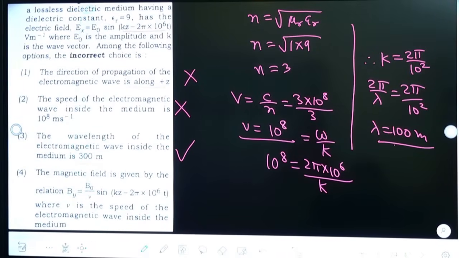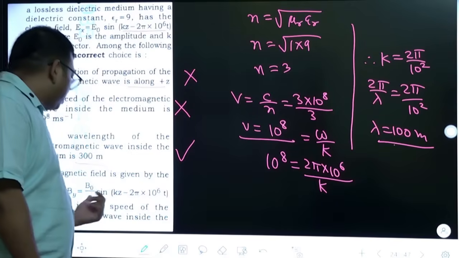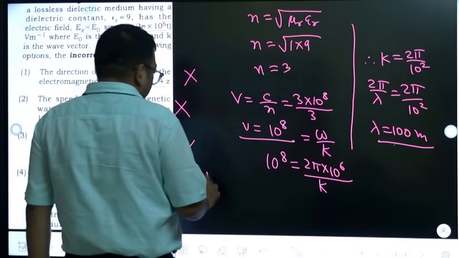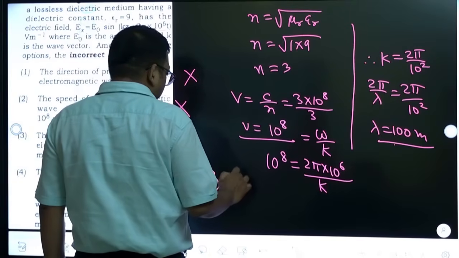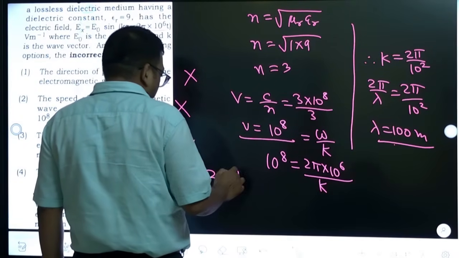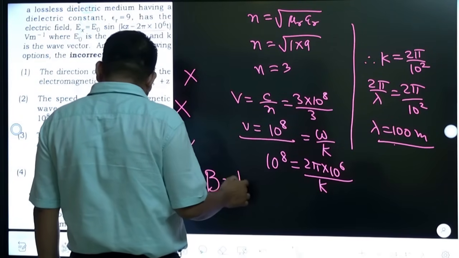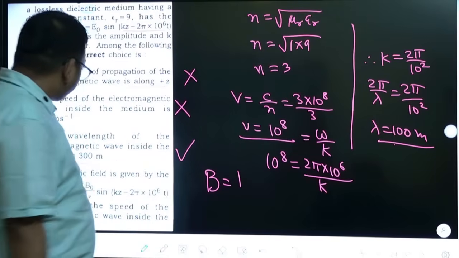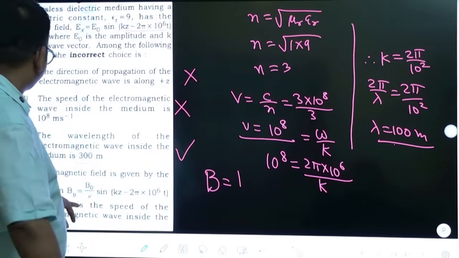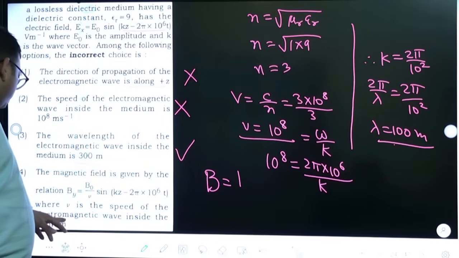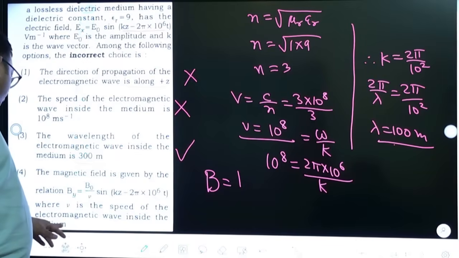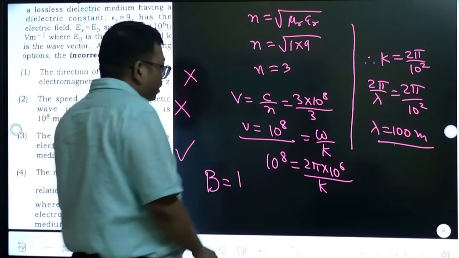Magnetic field is given by this. These things will be the same only. Magnetic field you calculate. So magnetic field B is what? Some B naught will be there. What is B naught by V? V is the speed of the electromagnetic wave inside. Yes, we know that.